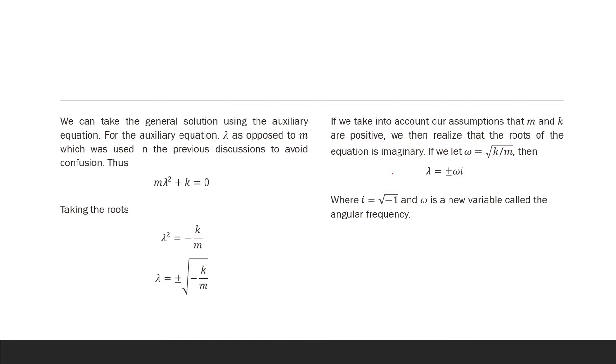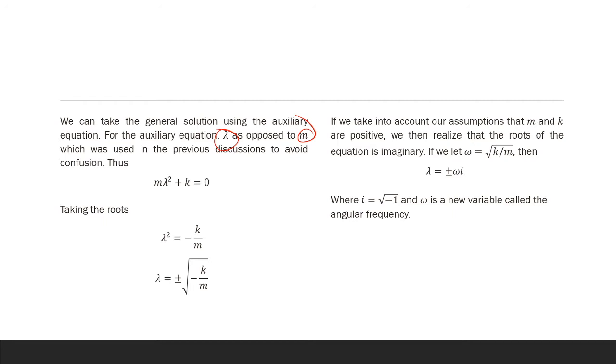So kung second order na differential equation siya, we can just use or get the auxiliary equation para makuha natin yung general solution. So for the auxiliary equation, take note, ang ginagamit natin previously ay m. But this time around, we will use lambda. So lambda talaga yung ginagamit.